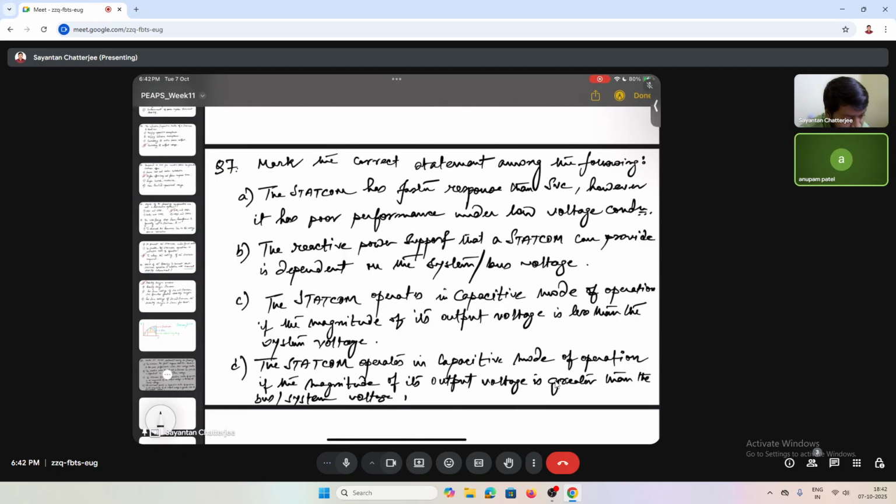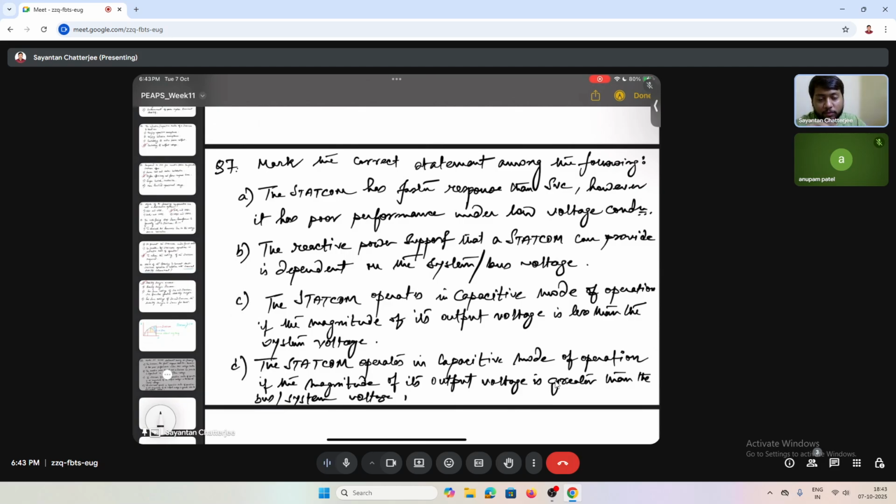I would just like to state that in C it's given capacitive mode of operation, if the output voltage magnitude is less than the system voltage.